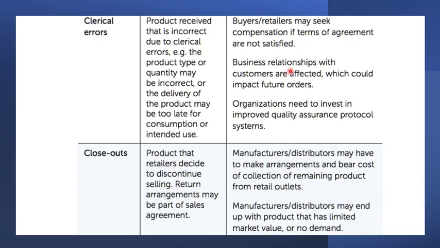Business relations with the customer are affected, which could impact future orders. Definitely, there can be a delay, or different things can happen due to a clerical error, like if the product has an expiry date longer than it should be, and they use it, they may have some health issue, or if they use it in a different way, that can also create a health problem.